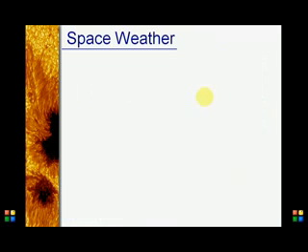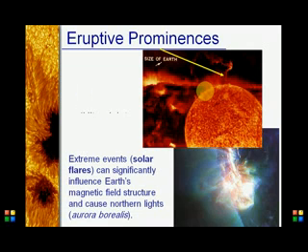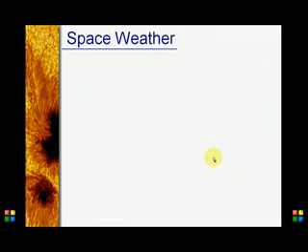So as you see, there are flares that can appear in the ultraviolet imaging, and this is the size of the Earth compared to the filaments, to the flares, sorry.